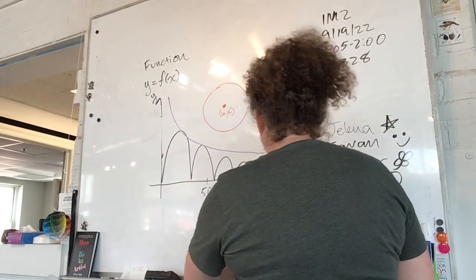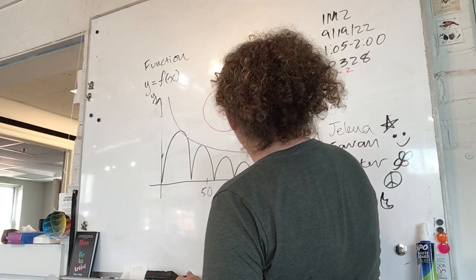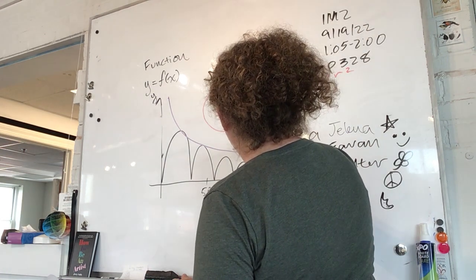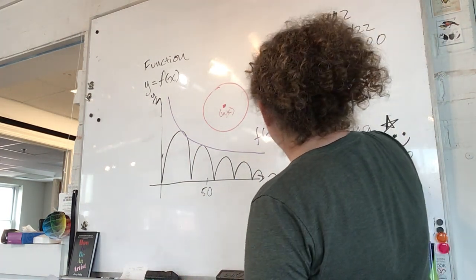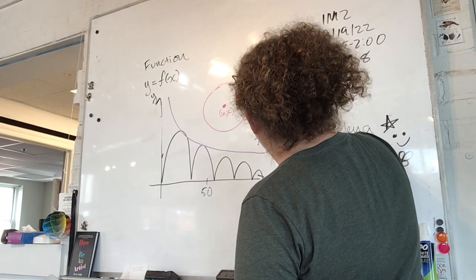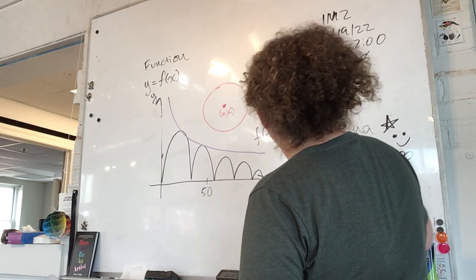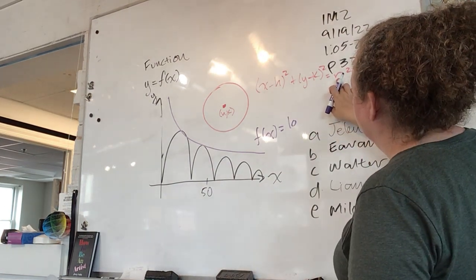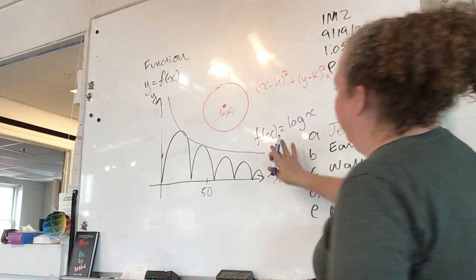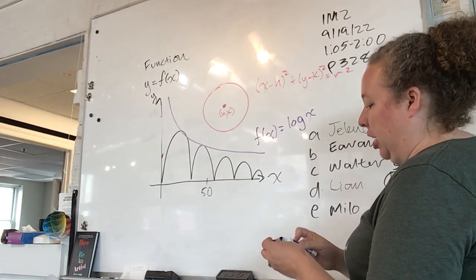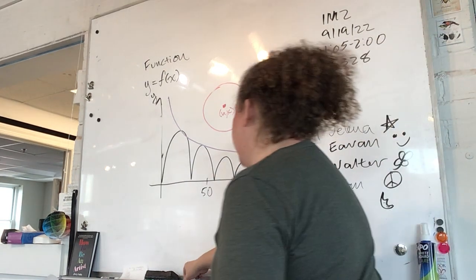So here, this purple one, the equation is probably going to be f of x equals log of x. Like I said, we'll get to exactly what this is next year.